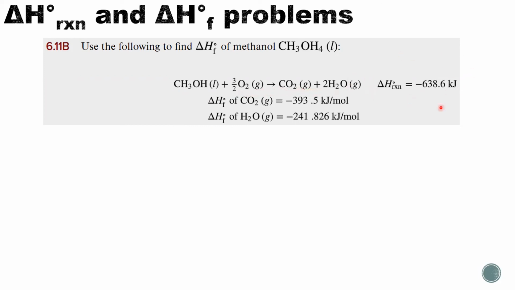The standard enthalpy of reaction for that is negative 638.6 kilojoules per mole. It also gives you the standard enthalpy of formation of CO2 in gas phase as negative 393.5 kilojoules per mole, and standard heat of formation of water in gas phase as negative 241.826 kilojoules per mole. So how are we going to solve this?